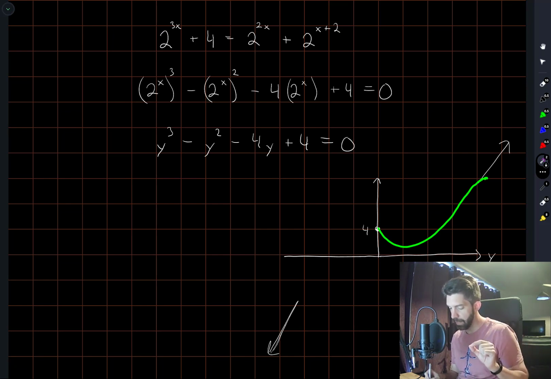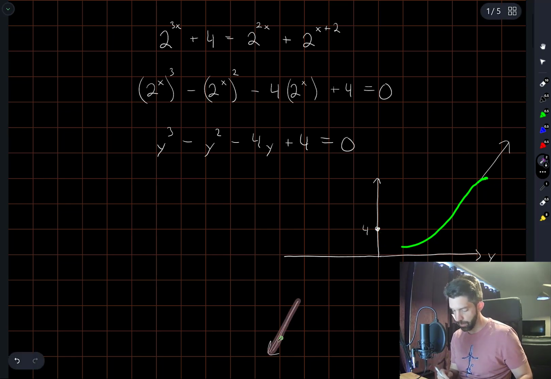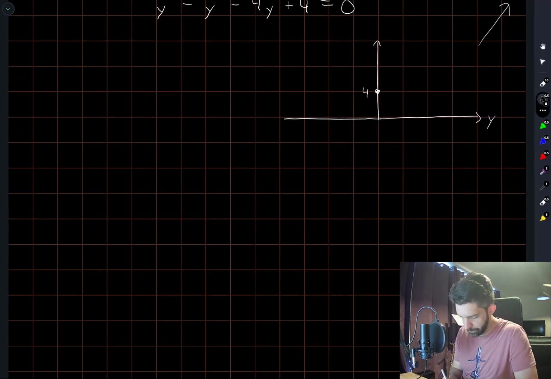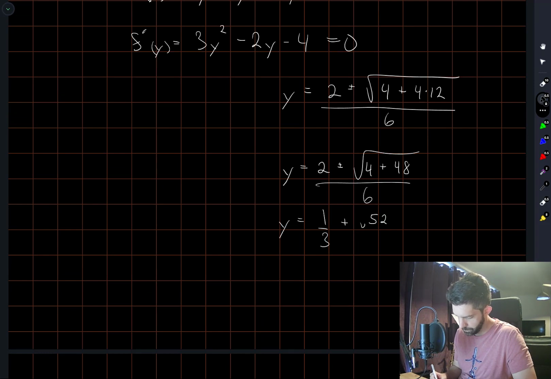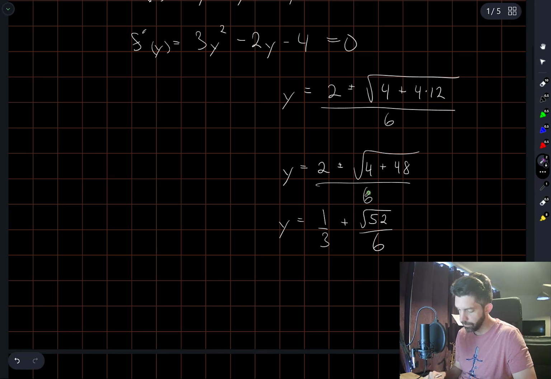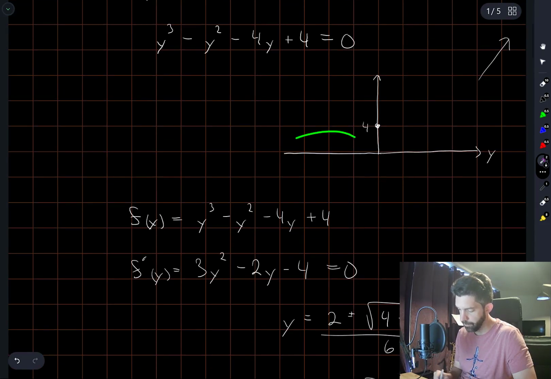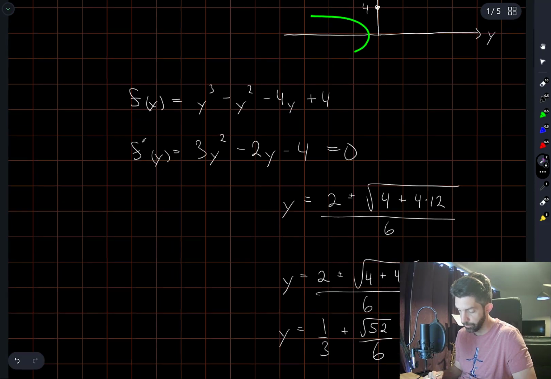Once I have that value of y, I'm going to substitute it back into this cubic and see whether the value of the function attained is positive or negative. I've thrown out the negative value of the square root, because that is going to give us a negative value of y, which we're not concerned about.